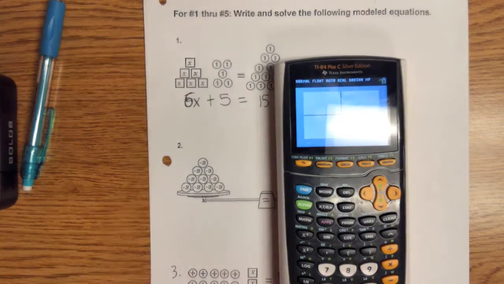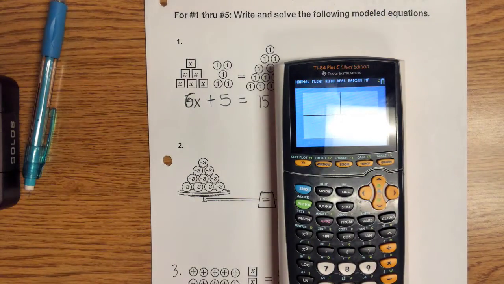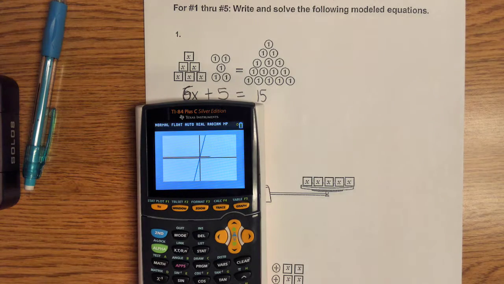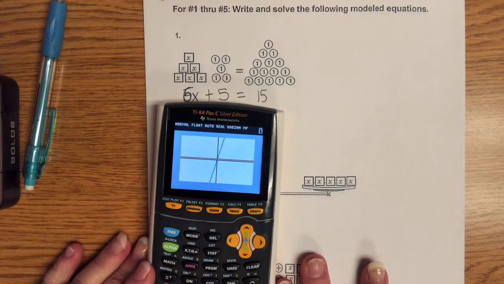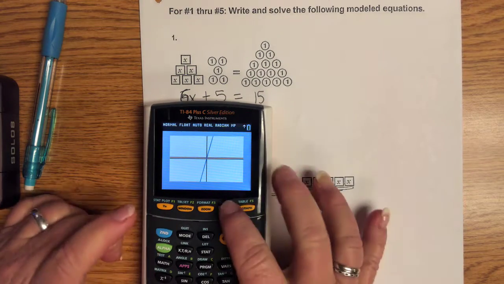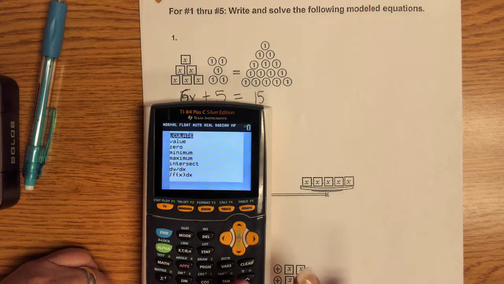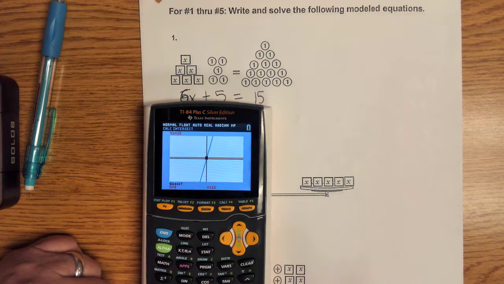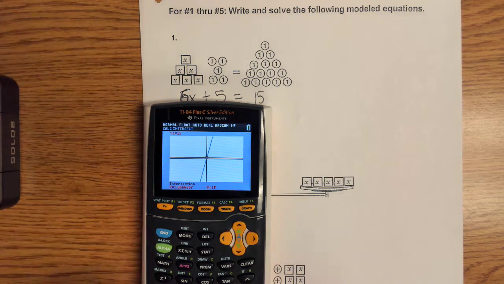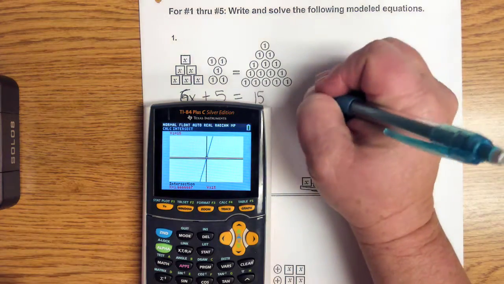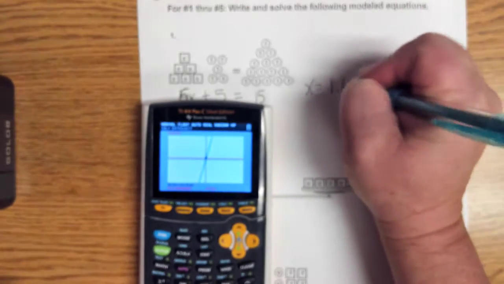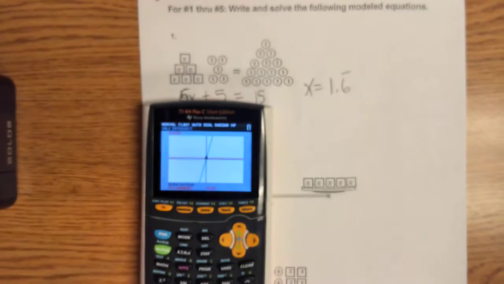And I got to wait for the red line to go all the way through. Some of us aren't there. What do we do next? Second trace, 5. And what do we get? So x is equal to 1.6 repeating, okay?